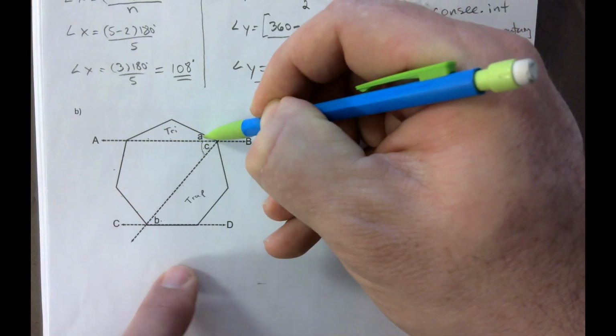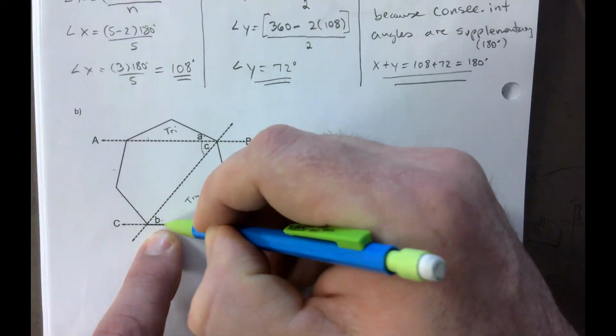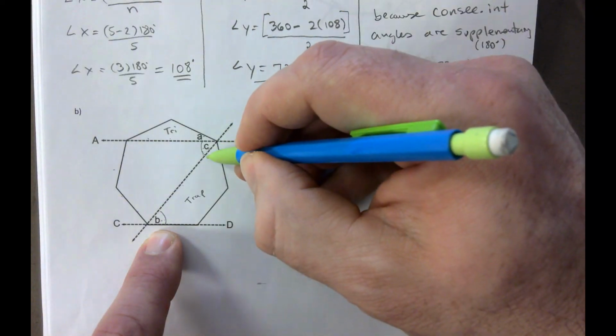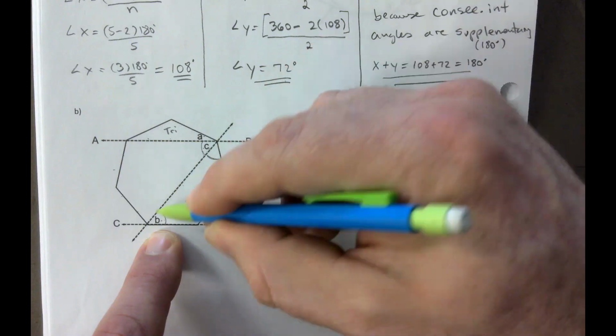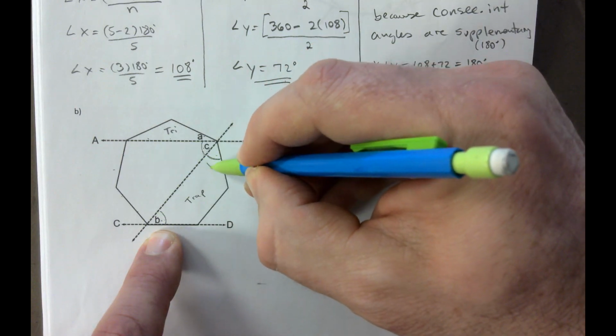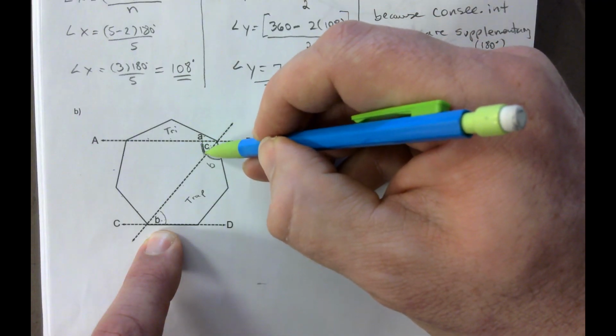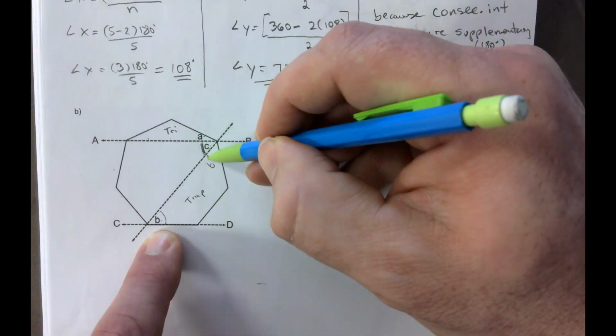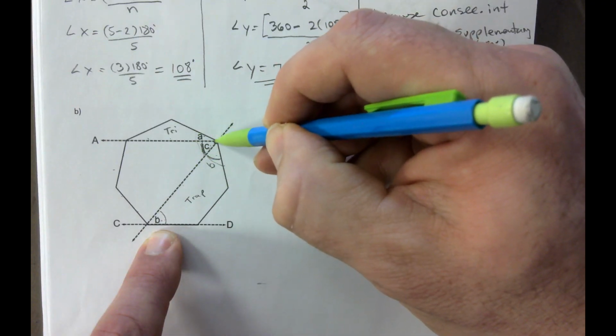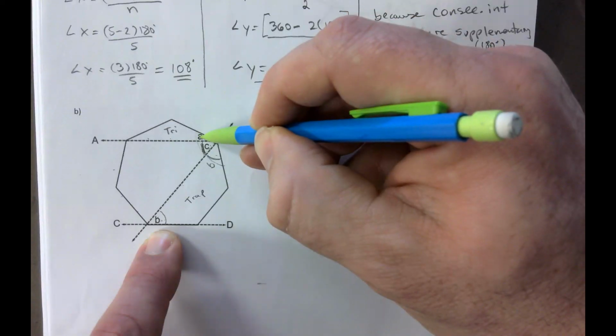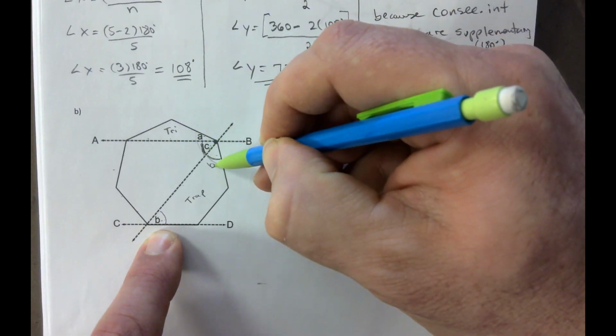Find A. If this is B here, what is this? Also B, yes. So how will you find angle C, this wedge here? You'll take that entire interior angle at this corner, subtract A, subtract B, then you find C.